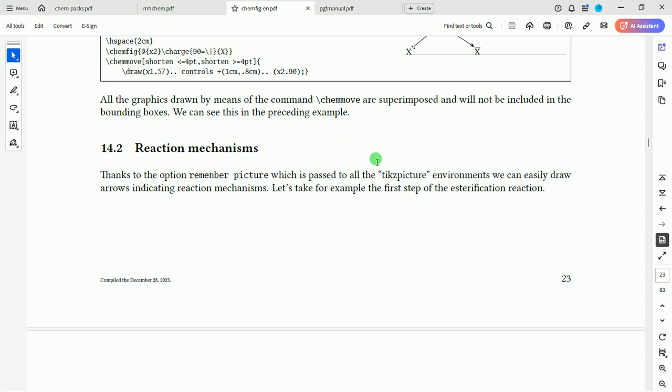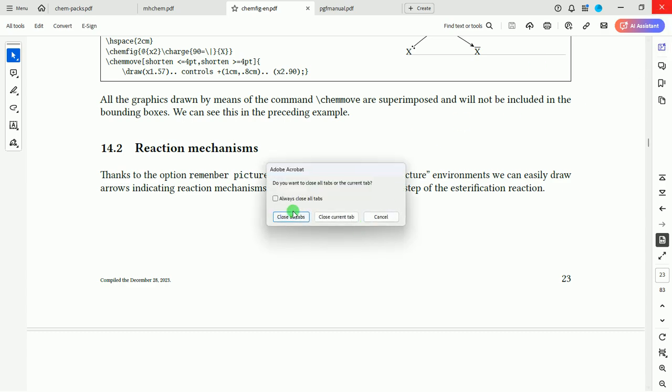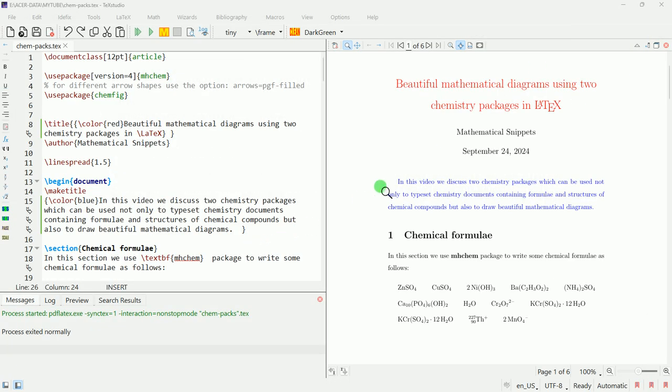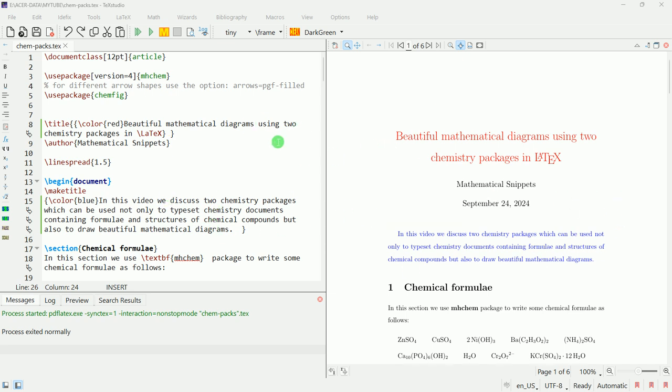So let us straight away go to the text file. So I close all the tabs. So this is my text file. Okay. So as you can see, I have used article style. And the preamble is very simple. Just use package, option is version equal to 4, mhchem.